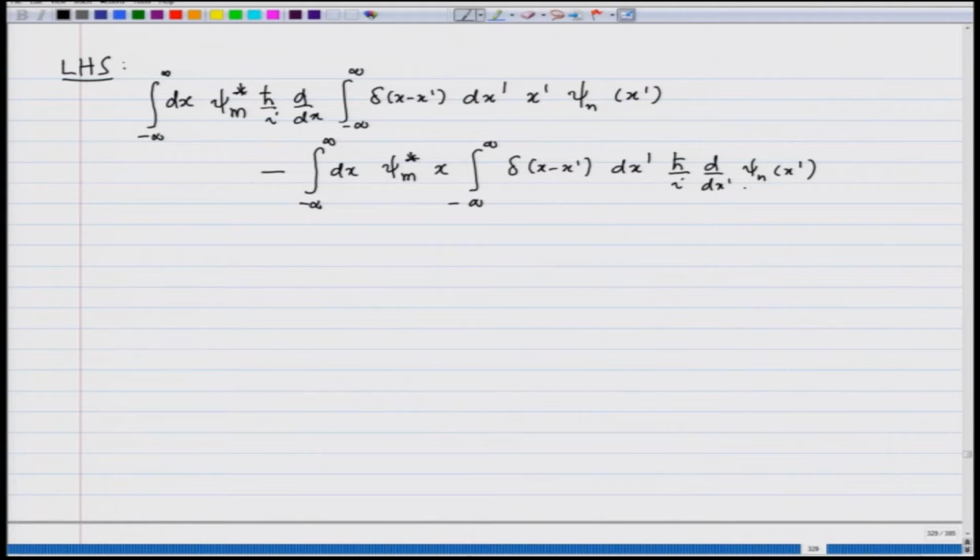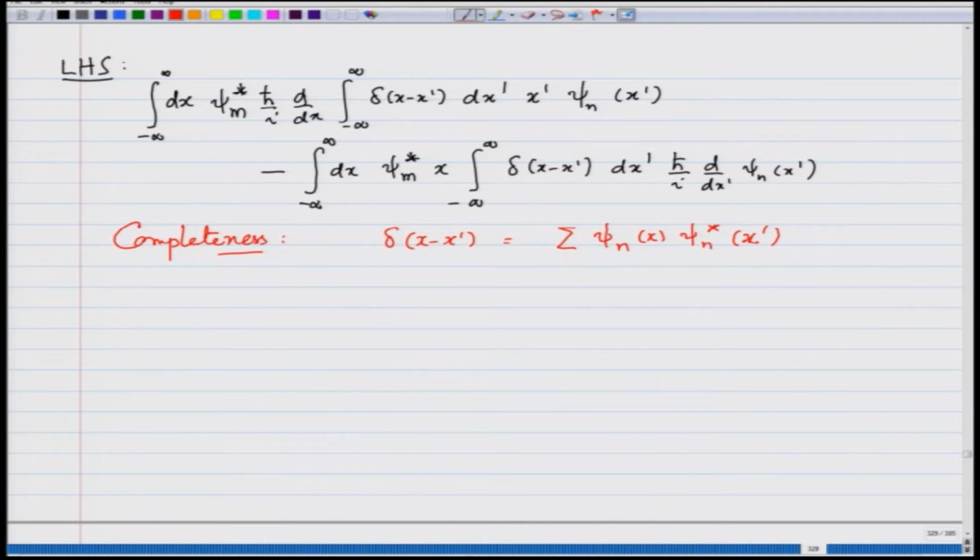That is my left hand side. And now, use completeness to write delta of x minus x prime as the summation of psi n x psi n star x prime.